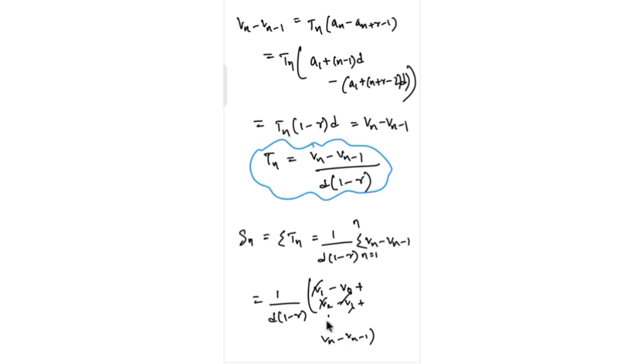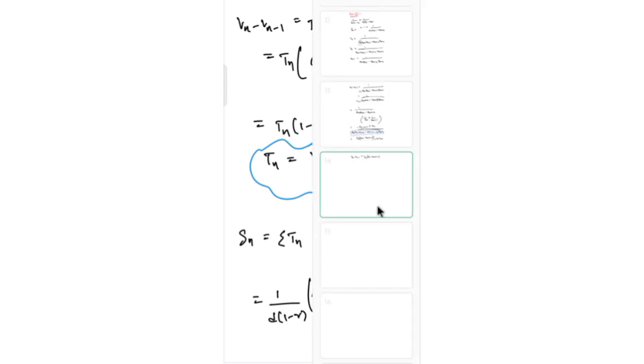So these two get cancelled, and so on, this one gets cancelled. So finally we will be left with Sn to be Vn minus V naught by d into 1 minus r. So this is the value of Sn.